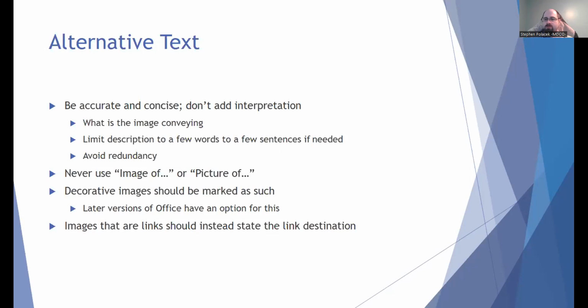In older versions of Word, like the 2016 version I'm using, you can't do that. So you have to add alt text saying decorative. In Office 365 and later versions, you are able to. There should be a checkbox that says mark as decorative. That will allow AT to skip it. And so they don't have to deal with elements like a horizontal rule that is breaking up sections visually.